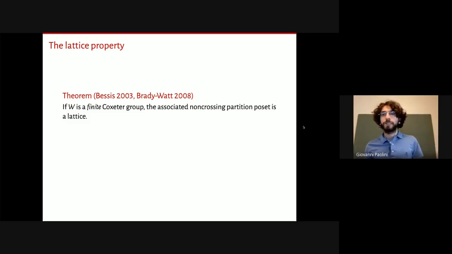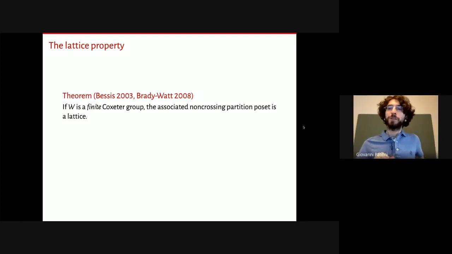So this means that at least for finite Coxeter groups, this construction actually gives an alternative dual way to realize spherical Artin groups as Garside groups. And this theorem was proved not so long ago by Bessis, and then in a more principled way by Brady and Watt.